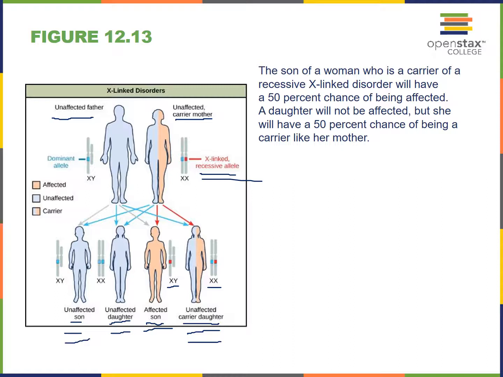And the genotypic ratio that you observe in the offspring would be a 2-to-1 ratio because you do not see the affected sons. They are killed at some point in the life cycle.